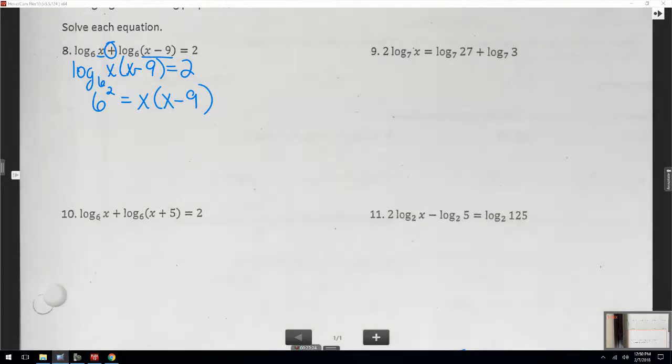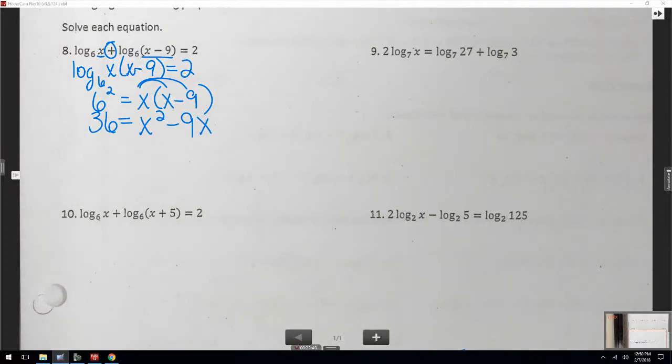And can you tell me what 6 squared is? 36. Yes, you can go ahead and write it as 36. The time when you have to get their bases the same is if you can't actually tell me what 6 to whatever power is, like if you have an x or something.